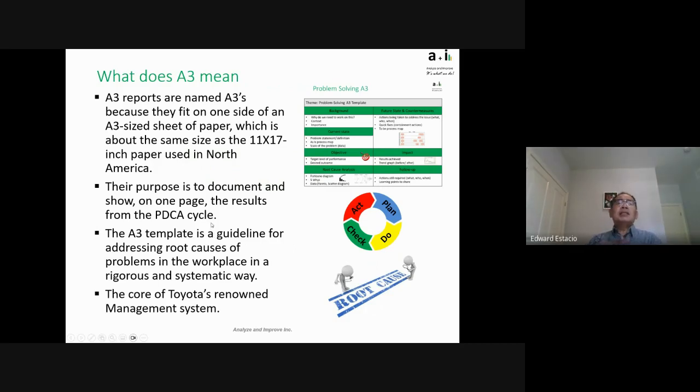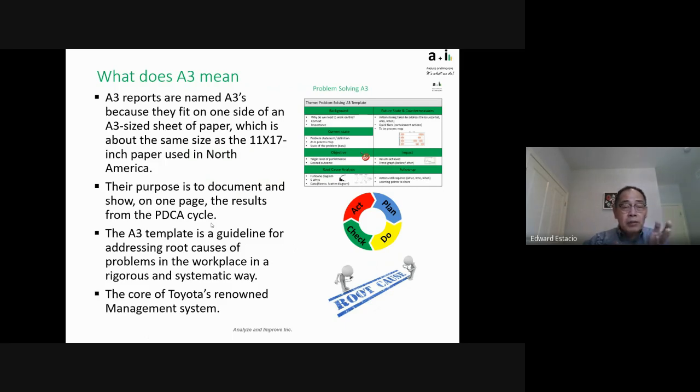So what is an A3? What does it really mean? An A3 is a simple one page format problem solving methodology that is based on lean principles and the Toyota Production System. It makes communicating ideas simple and eliminates the need for time-consuming PowerPoint presentations.